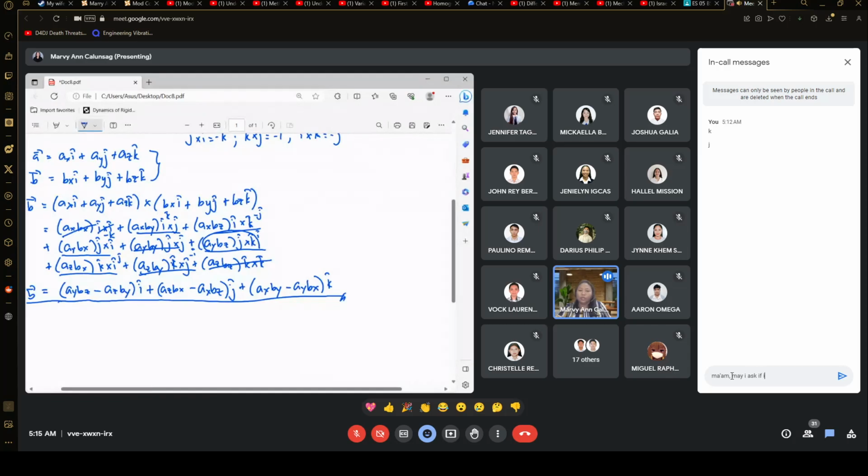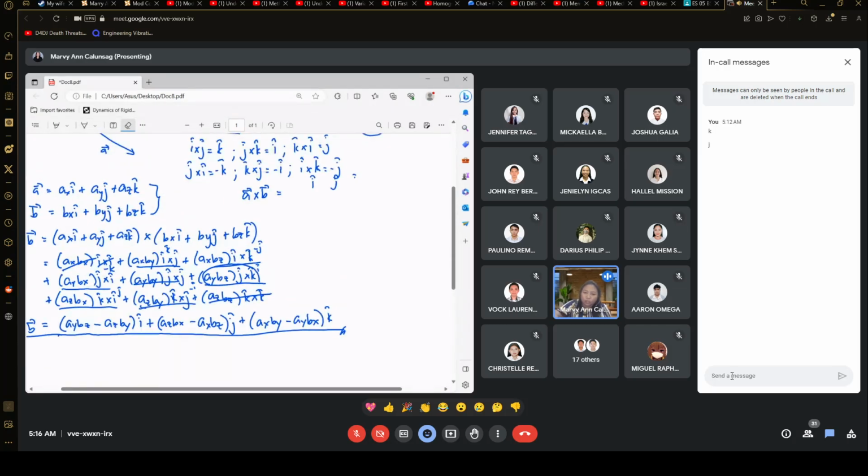And then the elements to put in the third row will be the components of the second vector. So for A cross B, we have I, J, K.